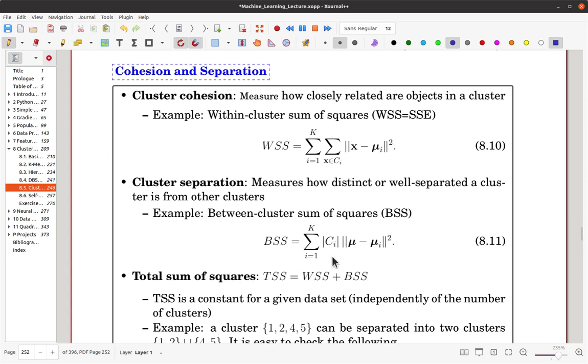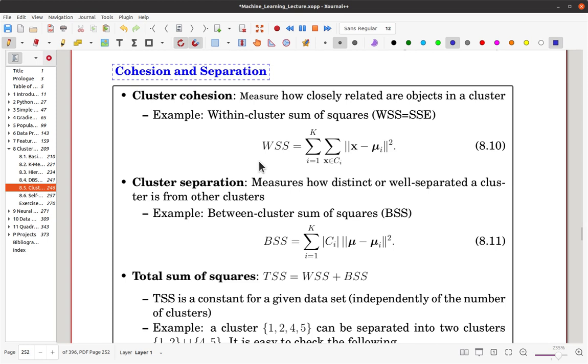Along with some weight based on the number of points in each cluster, you can measure the between-cluster sum of squares, so that this number represents how well the clusters are separated.